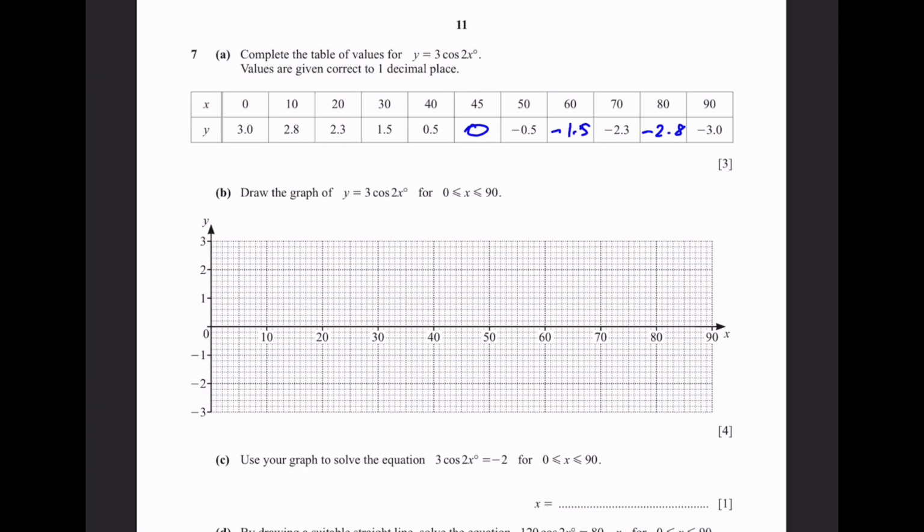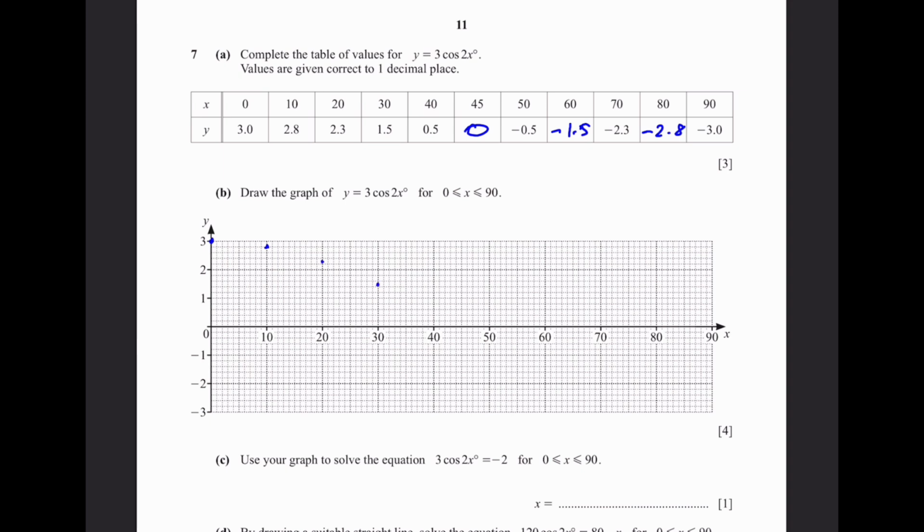So that's our answer. D. Draw the graph of y equals 3 cosine 2x for 0 to 90 values of x. So when x equals 0, y is 3, x is 10, y is 2.8, x is 20, y is 2.3, and so on.